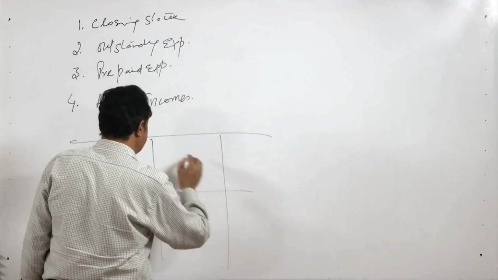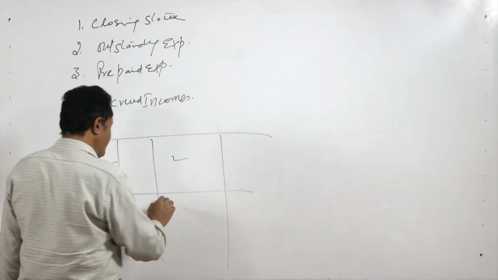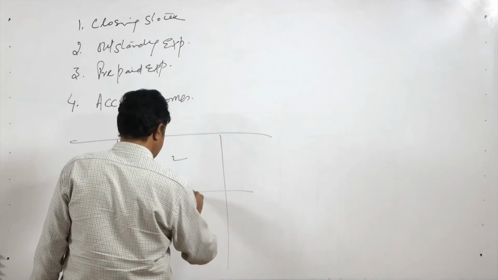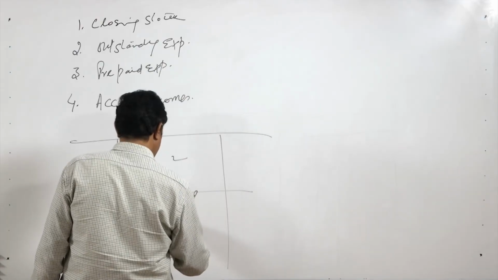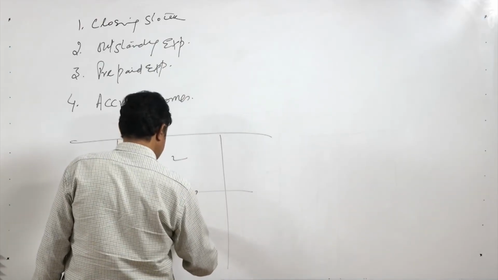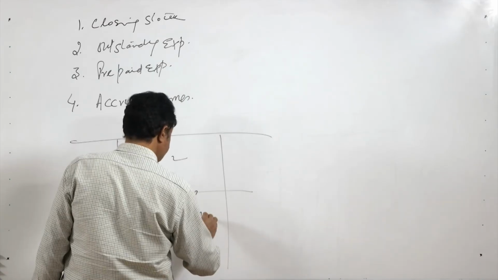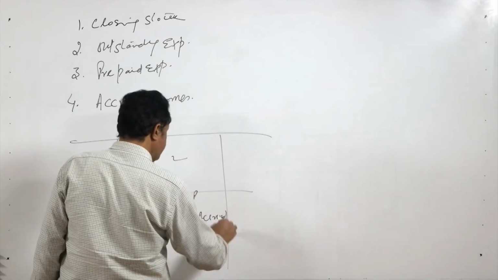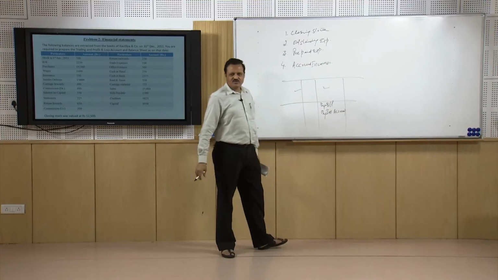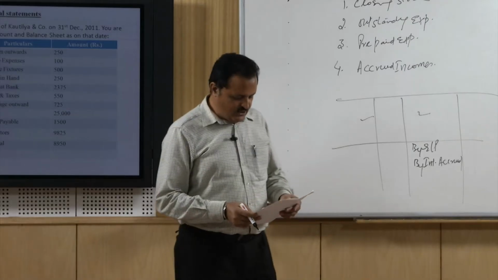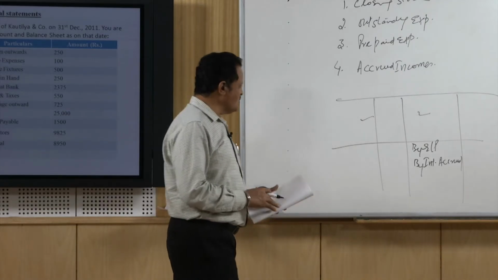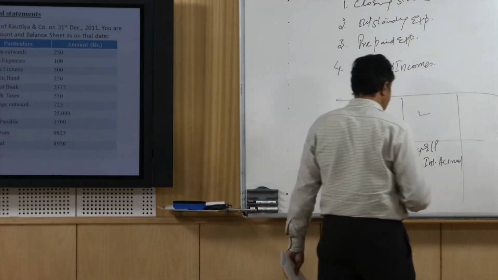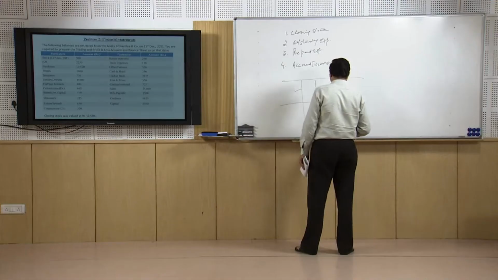After the trading account is ready, you will take 'By gross profit', and then 'By interest accrued', meaning interest has become due but we have not yet received. This accrued interest will be shown on the credit side.